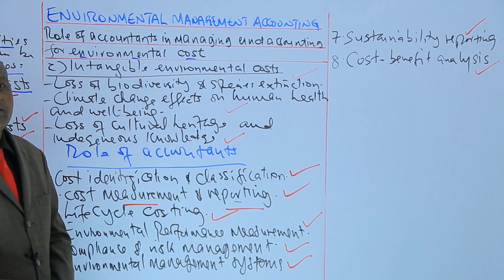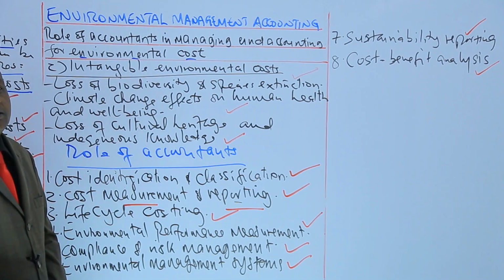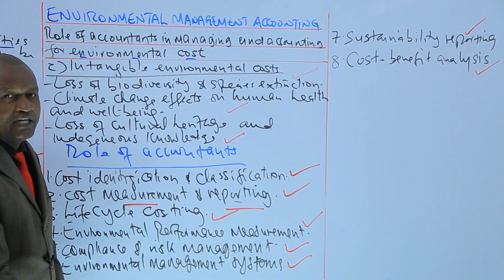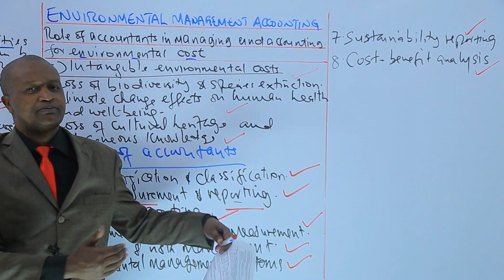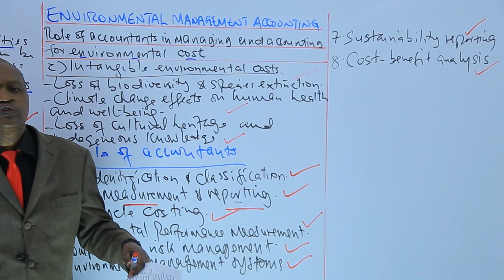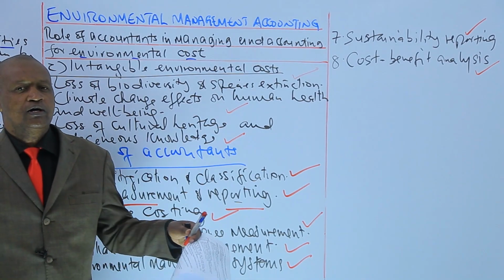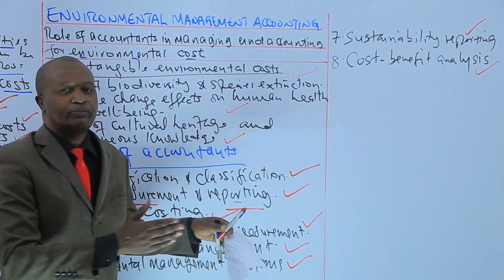We've come to the end of the lesson, and it's important to note that by integrating environmental considerations into financial and management accounting practices, the accountants contribute to a better environmental management. Right? They contribute to better environmental management.